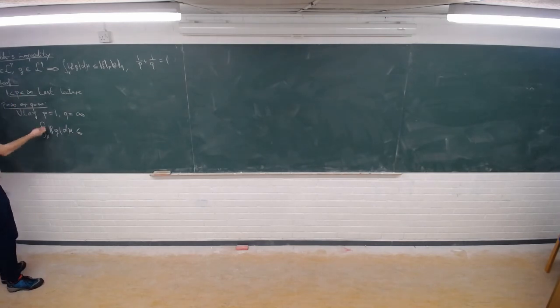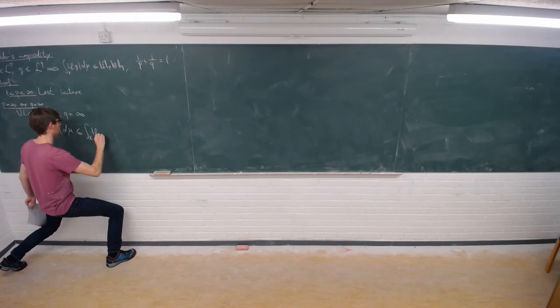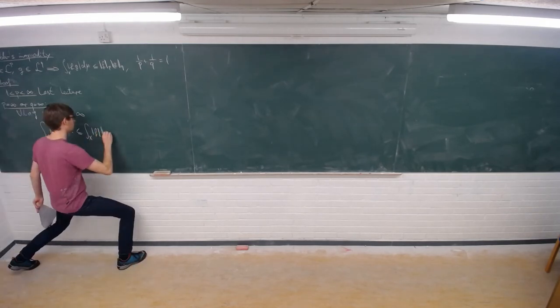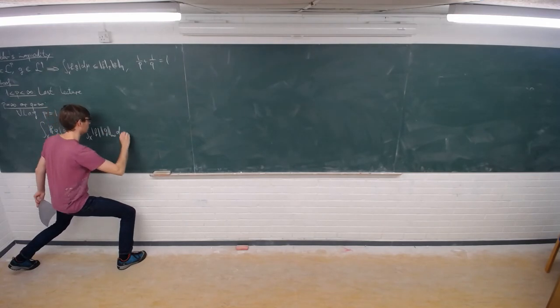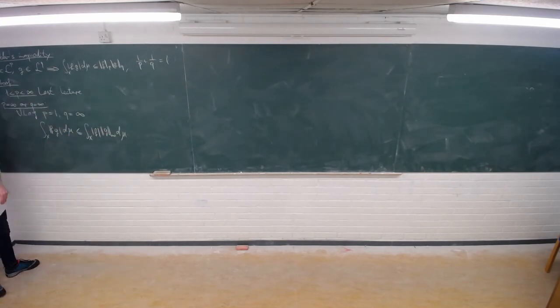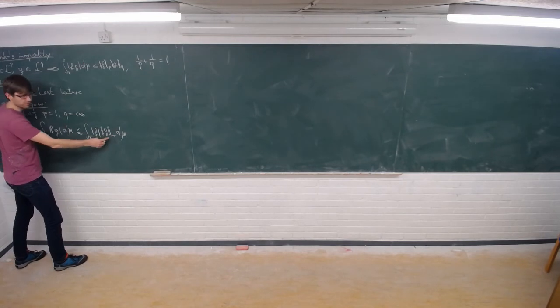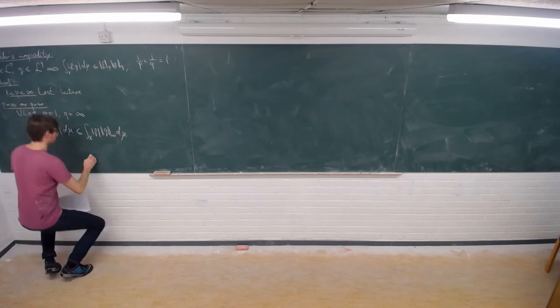So in this integral, we just leave f as it is, and we can replace g by its infinity norm, and that only makes it larger, right? But now, in this integral, this infinity norm of g is just a constant. We can move that in front of the integral.